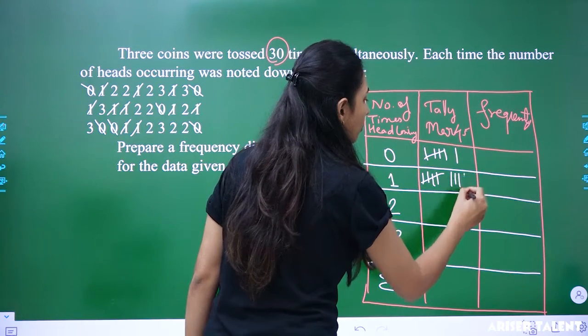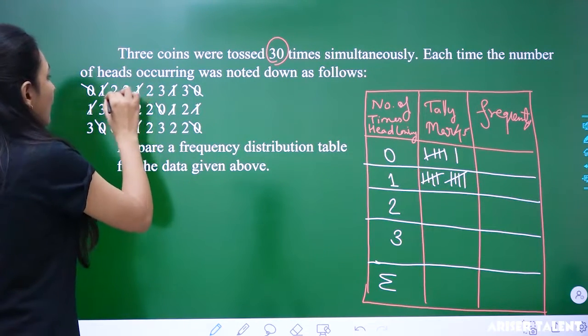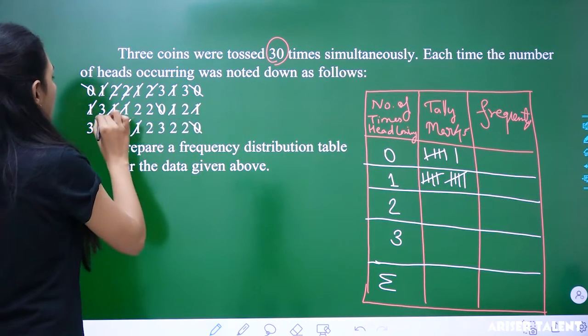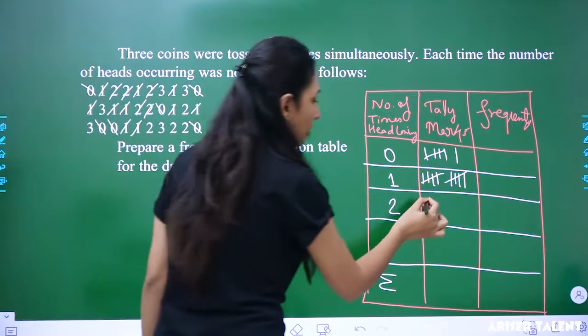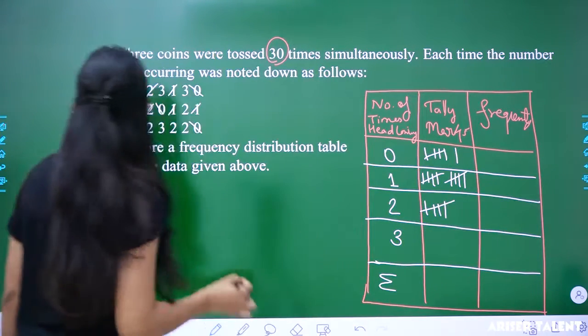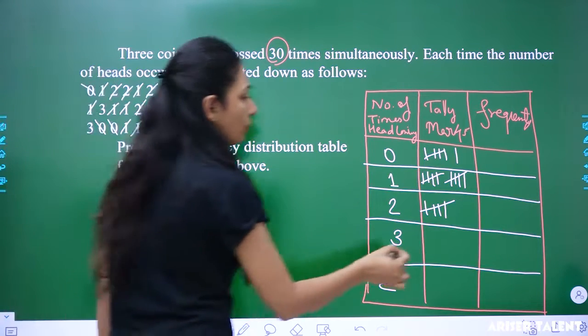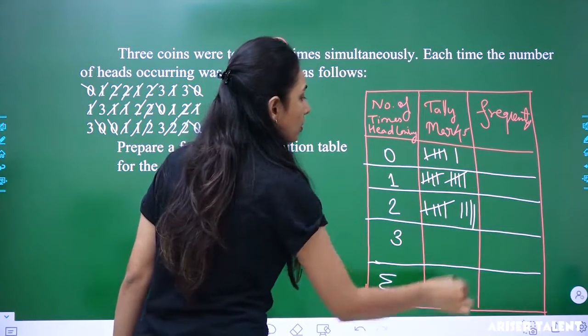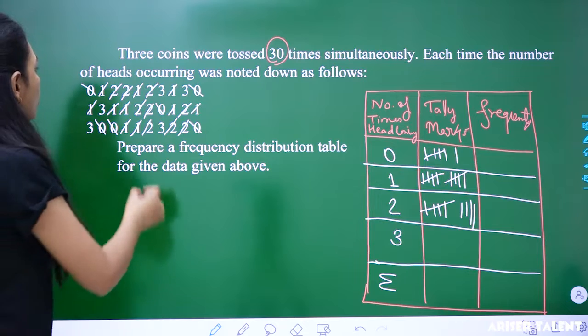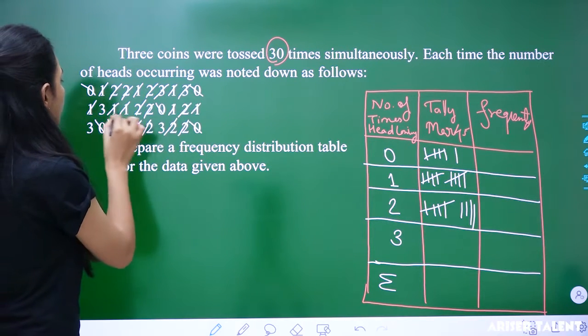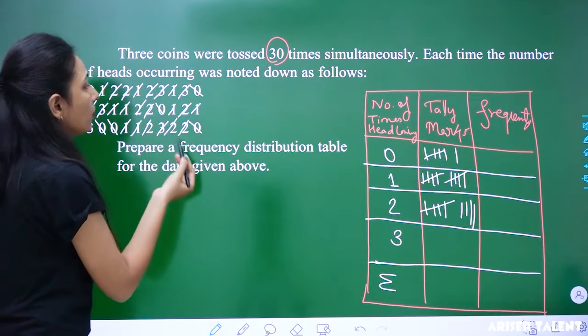For 2, we have 1, 2, 3, and then 4 and 5. And then we have 1, 2, 3, 4, 4 twos. Then we have 3: 1, 2, 3, 4, 4 threes.